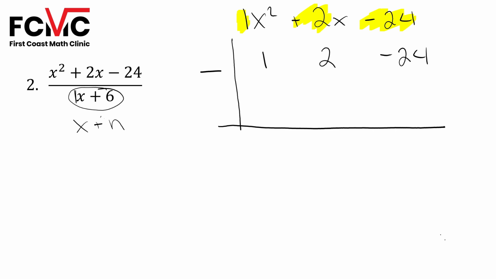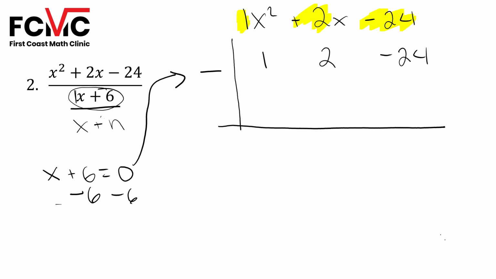We know this outside term is going to come from the x plus 6. So we can take the x plus 6, and whatever makes this equal 0 is going to be that term. So let's subtract 6, and we get x equals negative 6. So we'll put negative 6 out here. All right, let me clean this up a little bit.